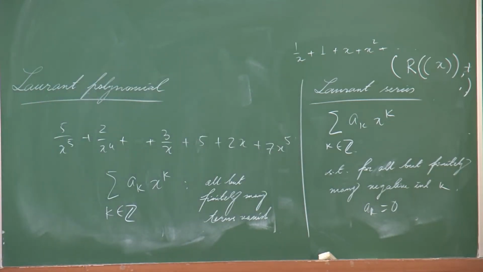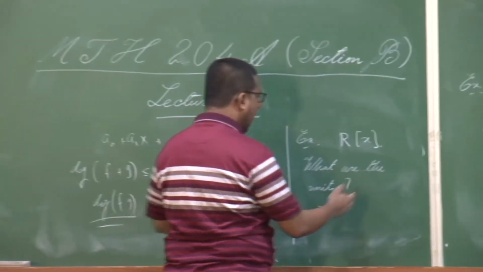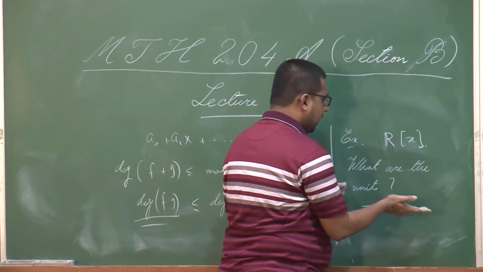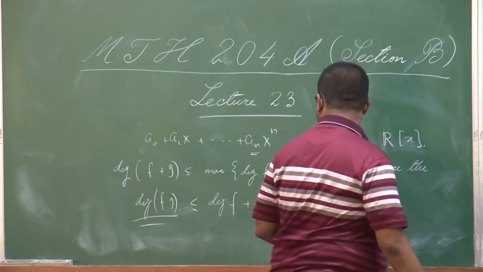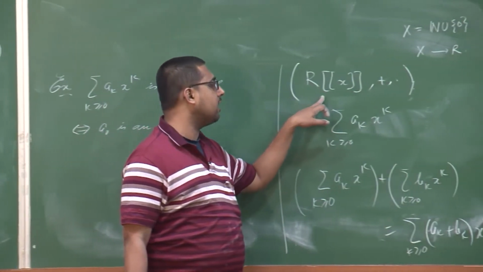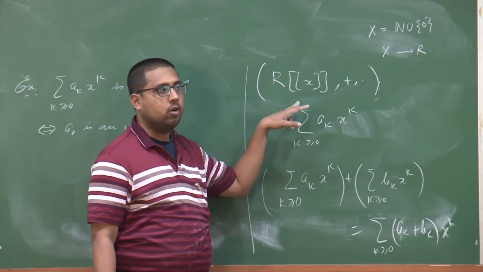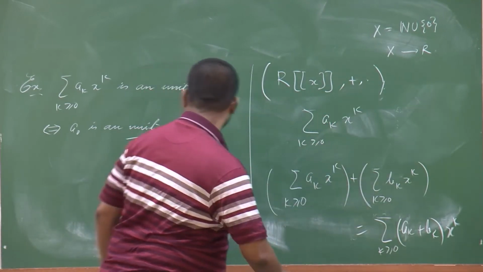Okay. And of course, you might ask whether we have any analogues here. So, you can immediately see that we do have these inclusions. R is contained inside its polynomial ring.